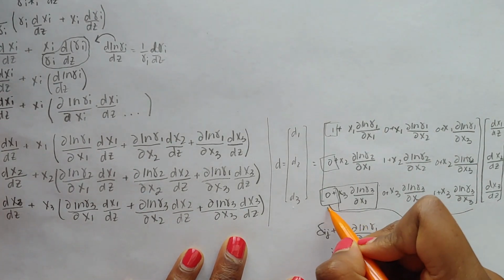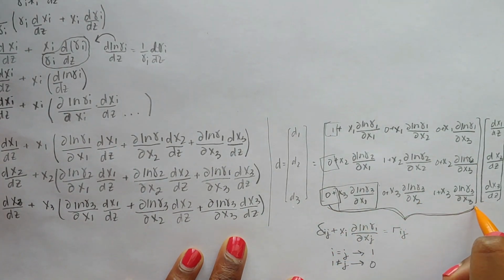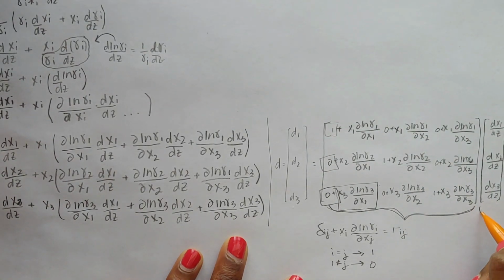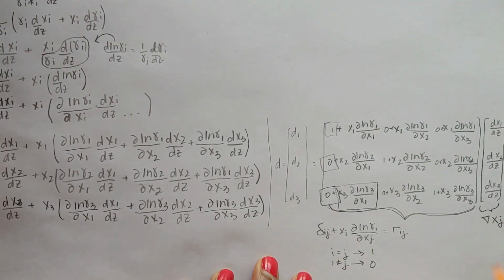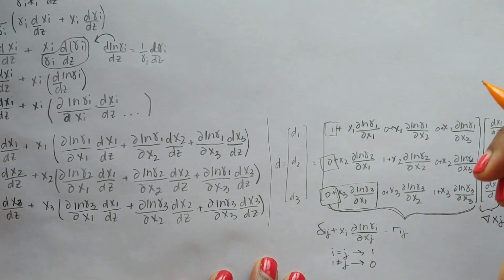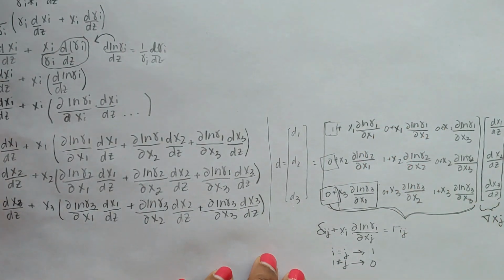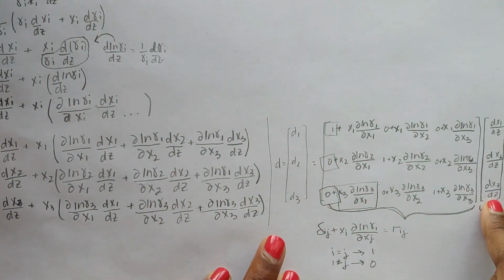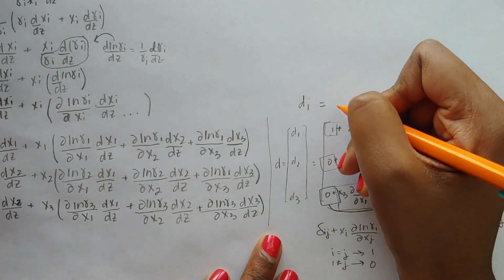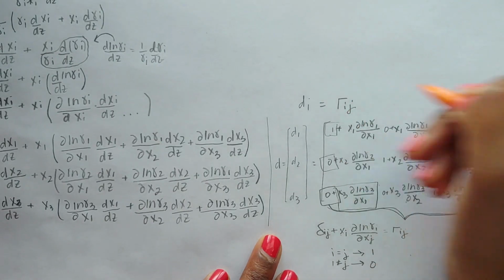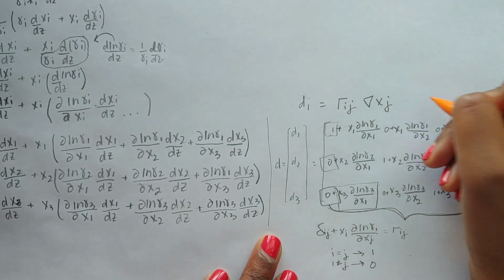So this part of the equation we derived is our thermodynamic factor, and this part is our change in the mole fraction of the other components. So this full equation is saying that our driving force is equal to our thermodynamic factor multiplied by our concentration gradient.